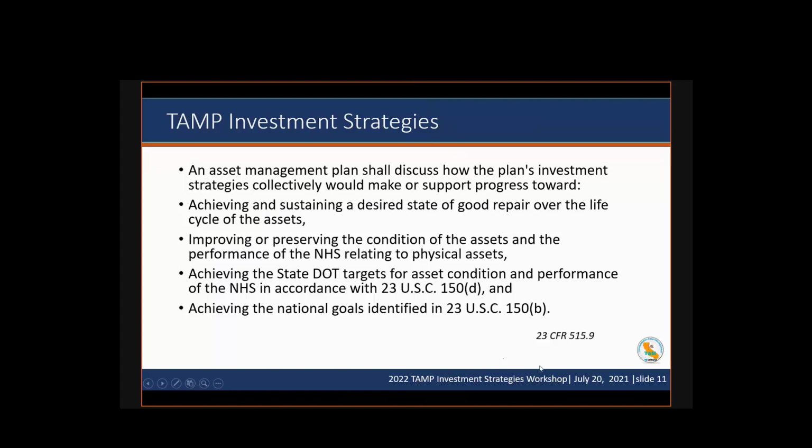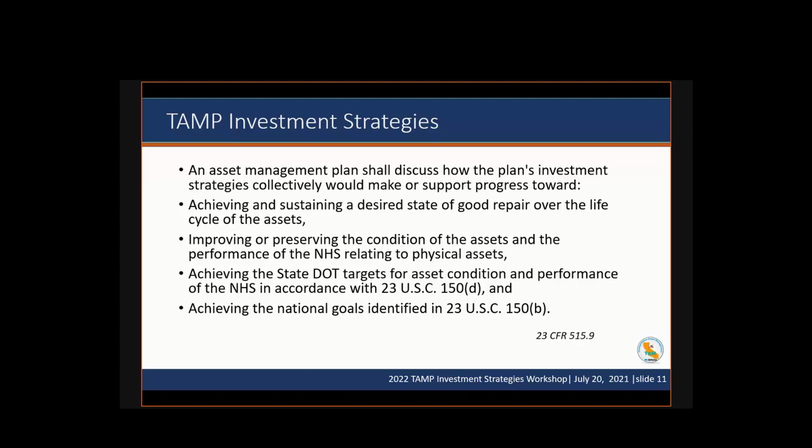So what do we have to do? We have to discuss how our asset management plan investment strategies would collectively support or make progress towards the goals that we set in transportation performance management.